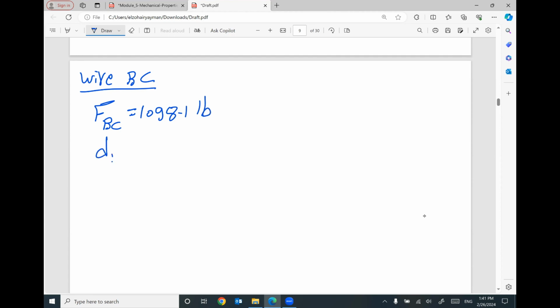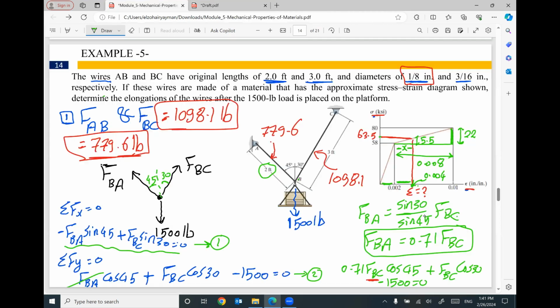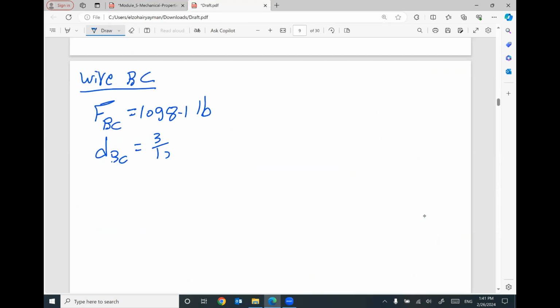The diameter of wire BC equals 3/16 inch. So the stress in wire BC will equal the force 1,098.1 pound divided by the cross-section area, pi divided by 4 times diameter squared.